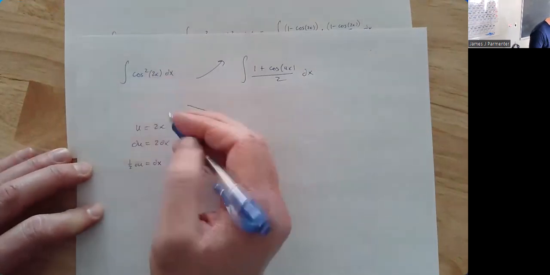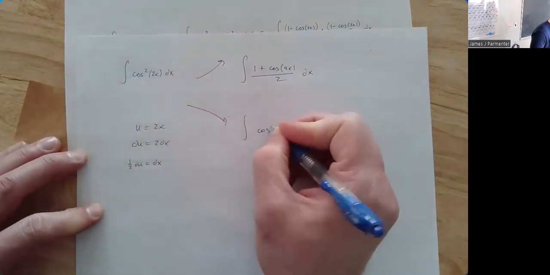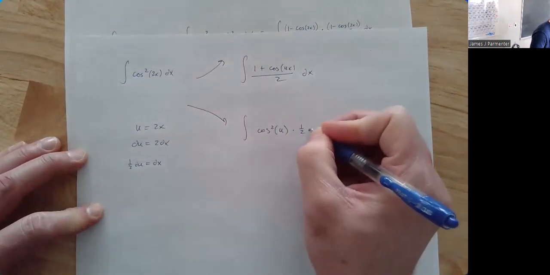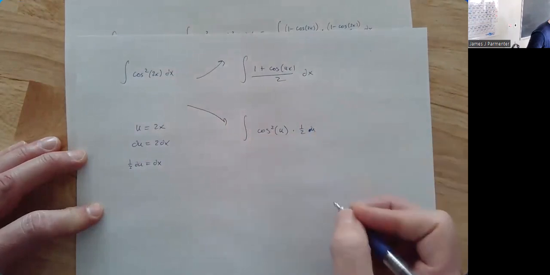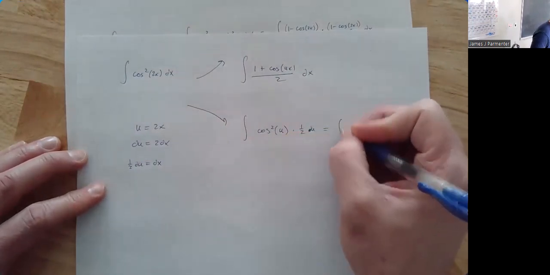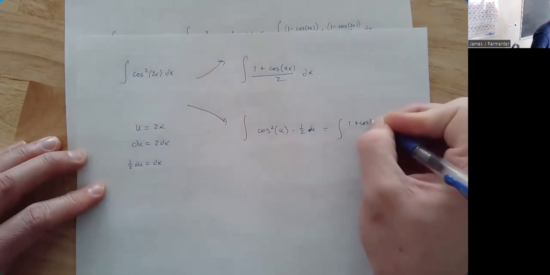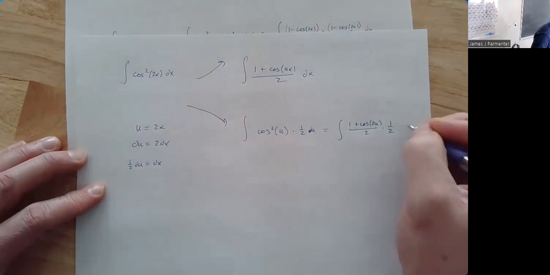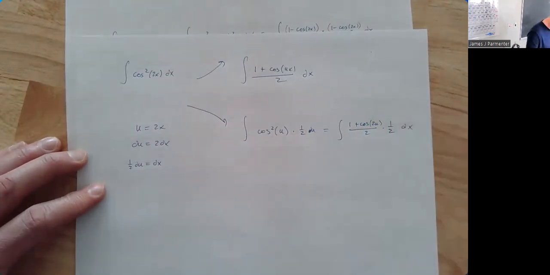So I'm going to replace this with cosine squared of u times 1/2 du. Then cosine squared of u becomes (1 plus cosine of 2u) all over 2, times 1/2 du.